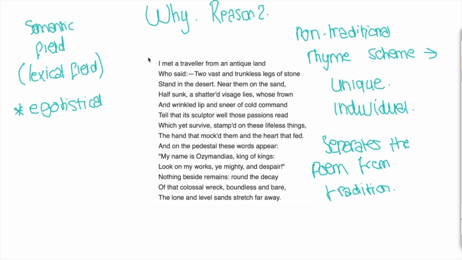So let's have a look at some words. Lexical field, semantic field, basically words which all match up to this idea that Ozymandias is pretty full of himself, and see how we can link this to why the rhyme scheme is how it is within the form of a sonnet. So here we go, let's have a look.